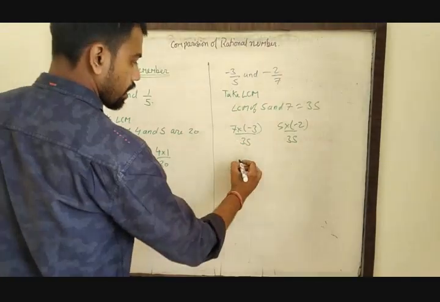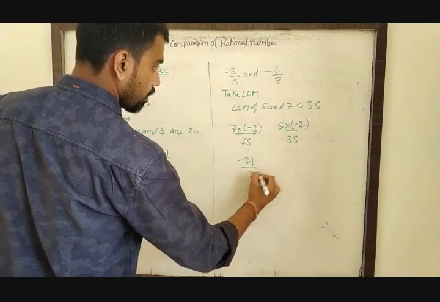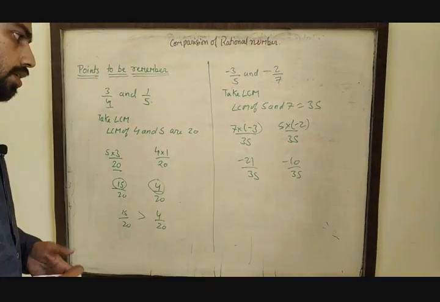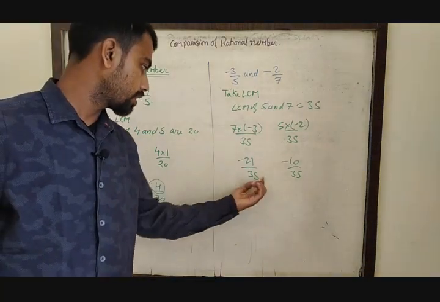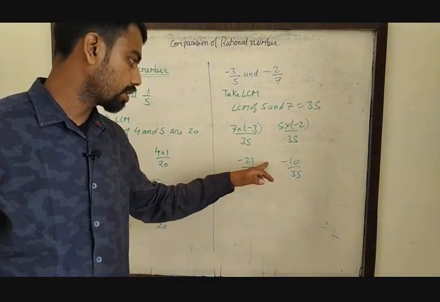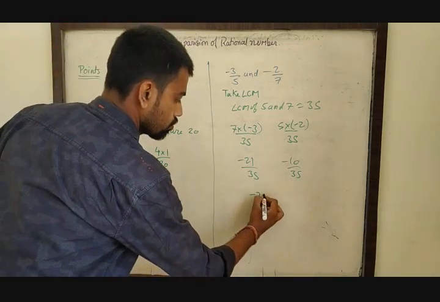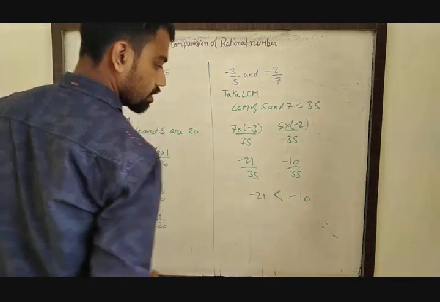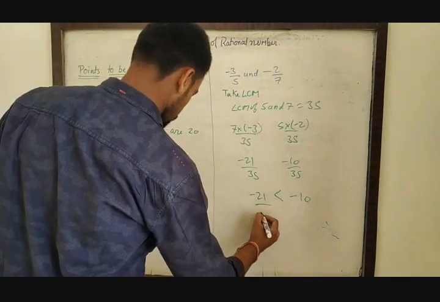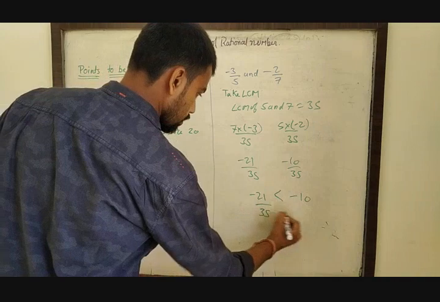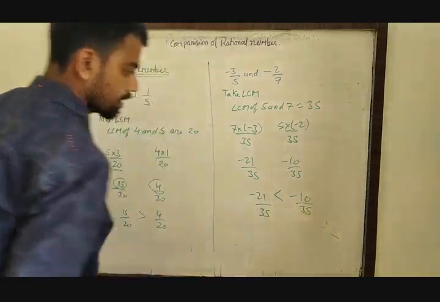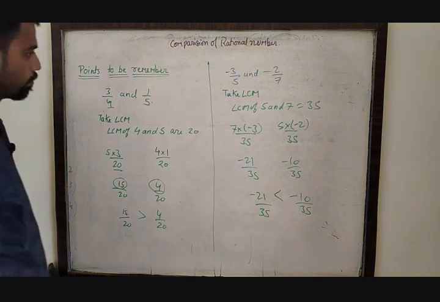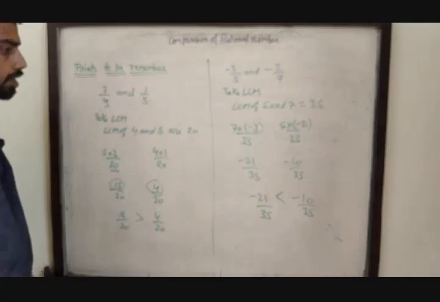It will be minus 21 upon 35 and minus 10 upon 35. Again the previous case, denominators are the same, so what will we compare? Numerators, minus 21 or minus 10. Which one is greater? Minus 10 is greater than minus 21. So this is how we are going to compare rational numbers.